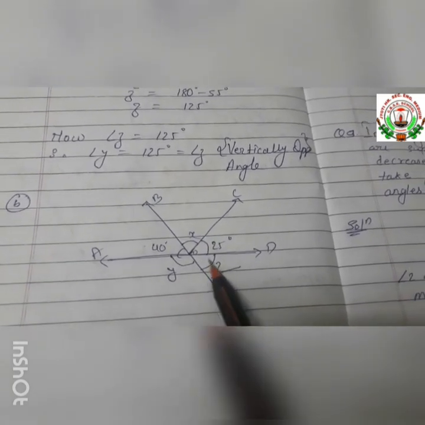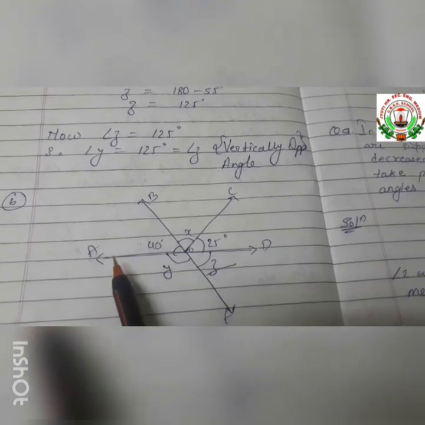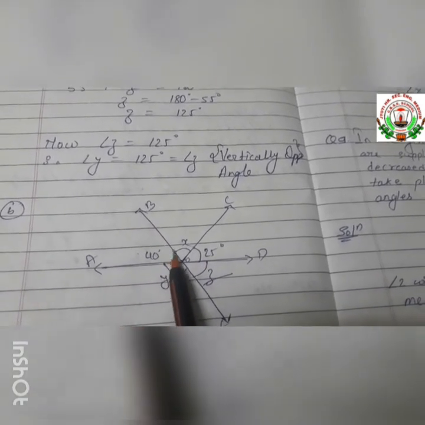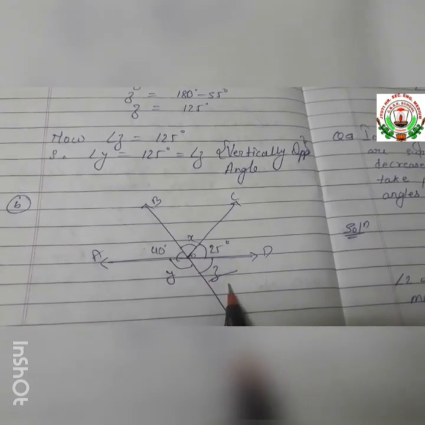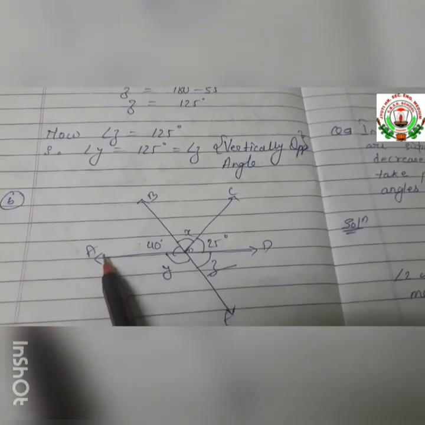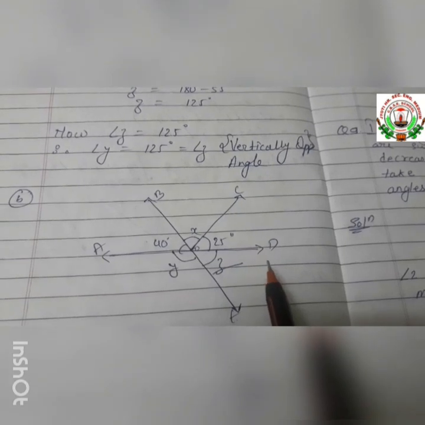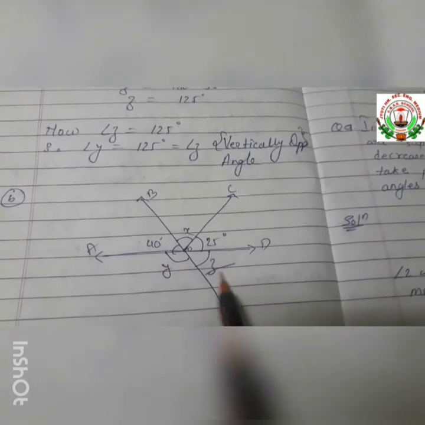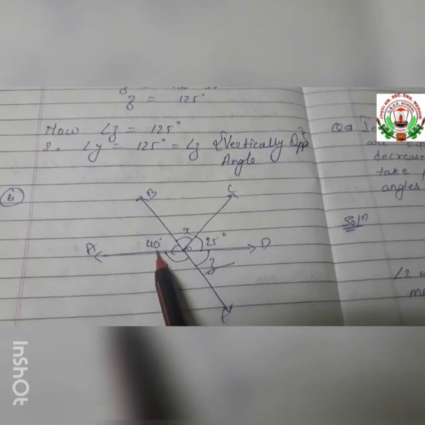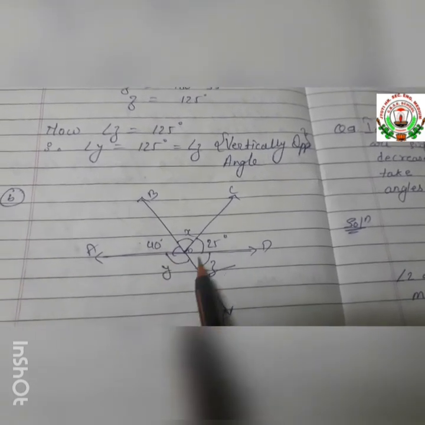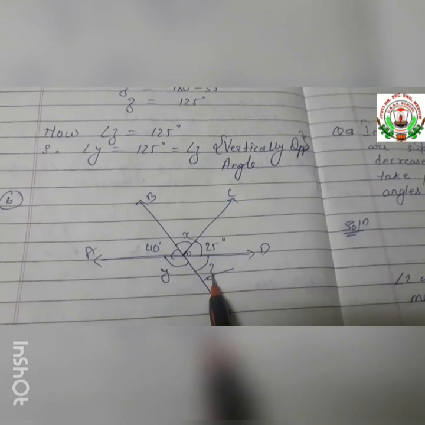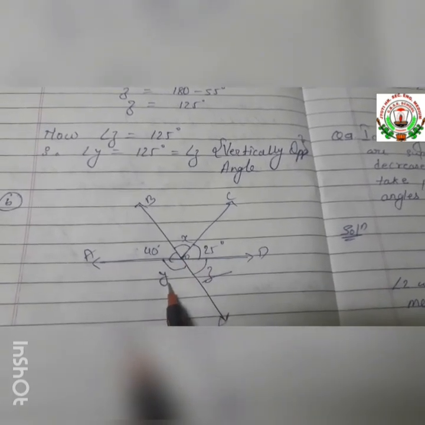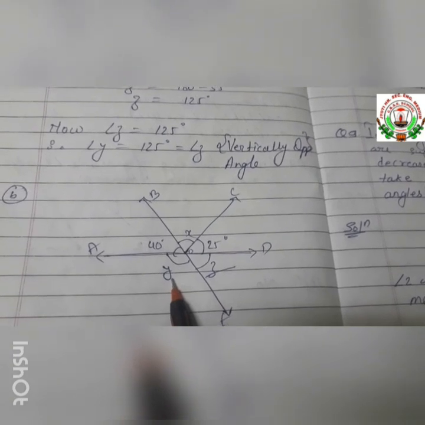Okay, by seeing the figure we can say that angle AOB, that is 40 degree, will be equal to angle Z value. Why is it so? Because angle AOB is vertically opposite to angle DOE. That's why angle Z value will be equal to 40 degree, isn't it? So one of the angles we have already found. Now the values of X and Y can be found by using the linear pair definition.